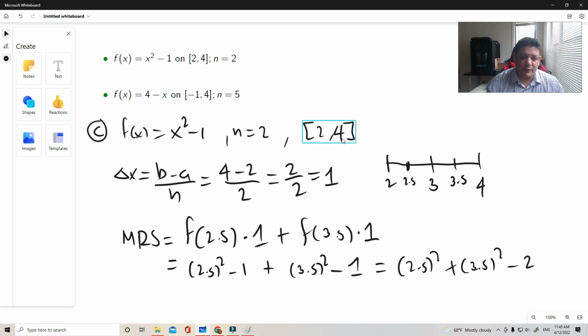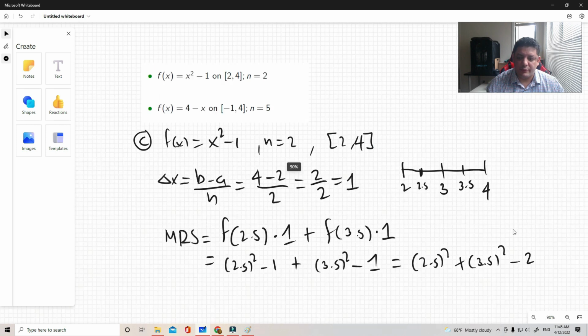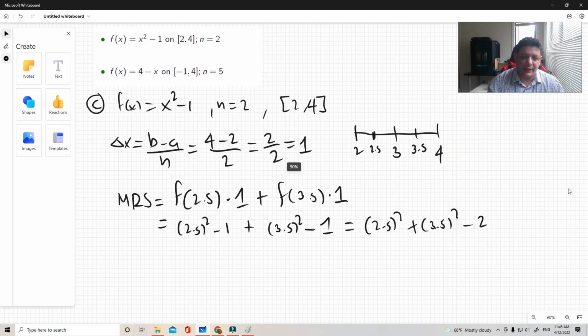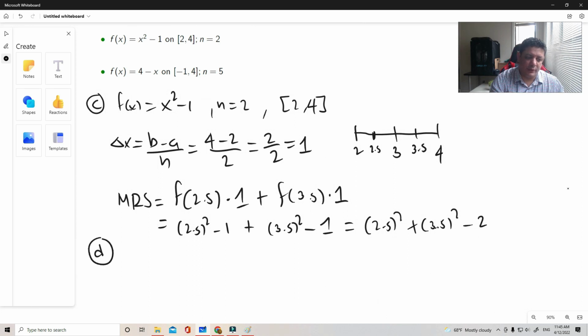All right, let's do another example with the last function. This is going to be the function f of x equals 4 minus x, and we have the interval from minus 1 to 4.